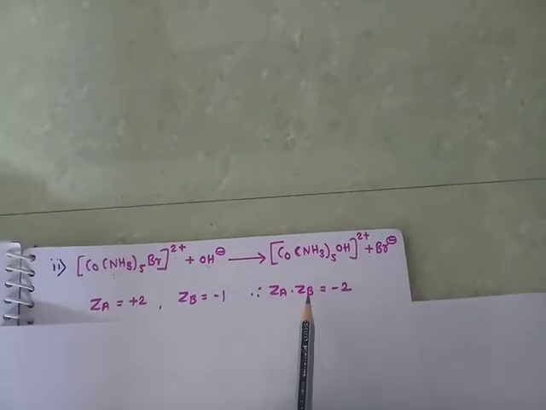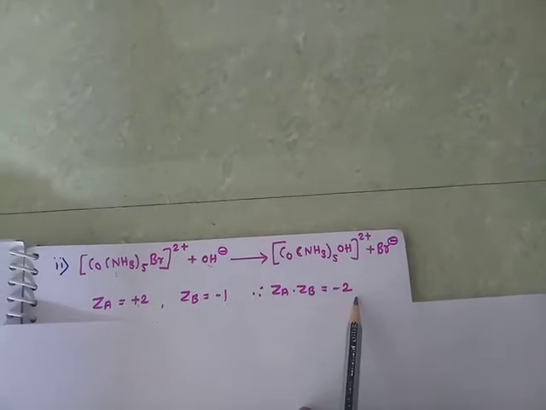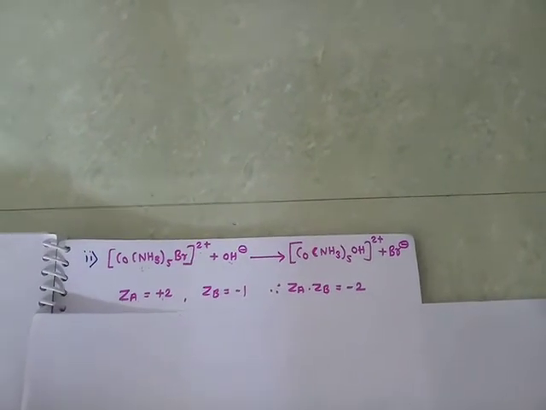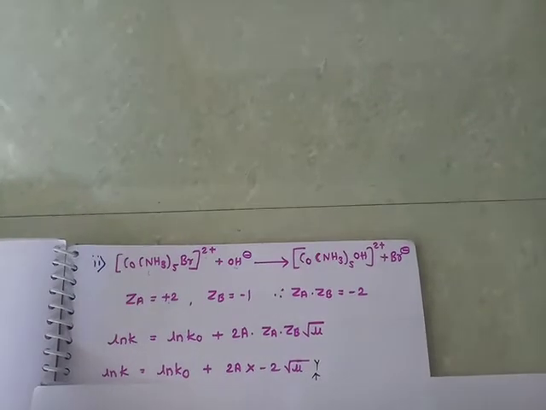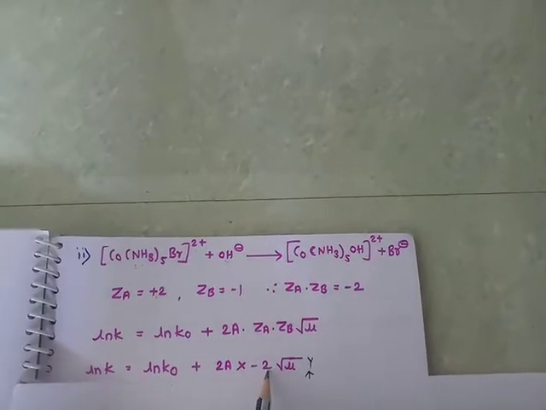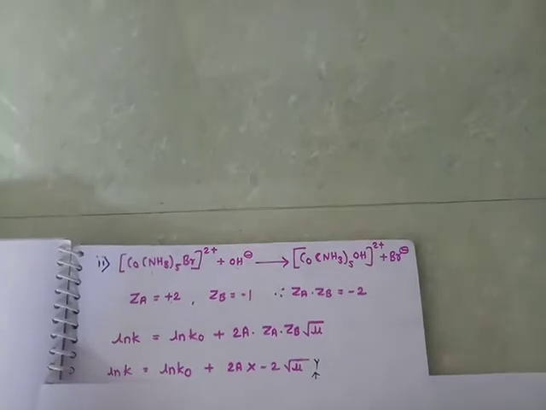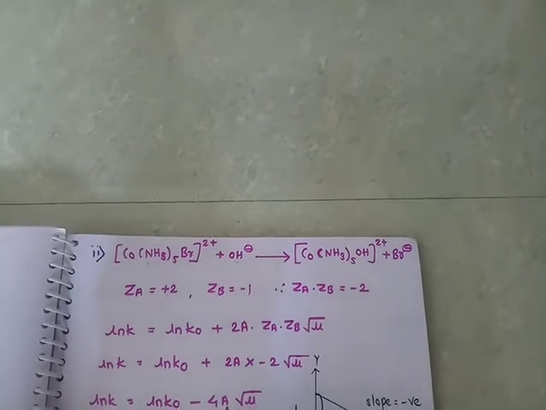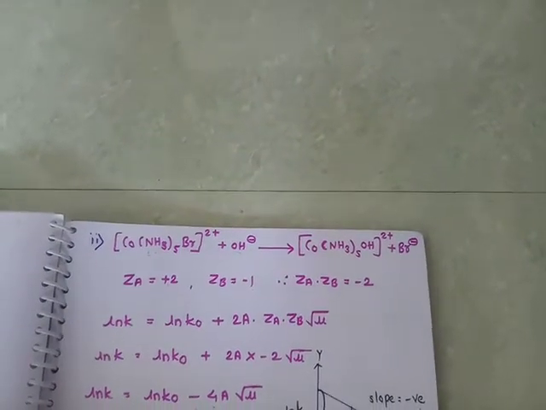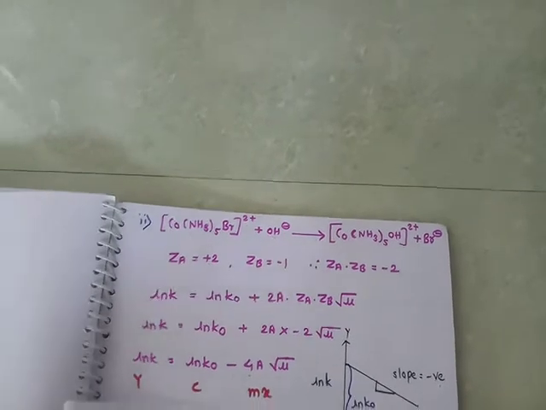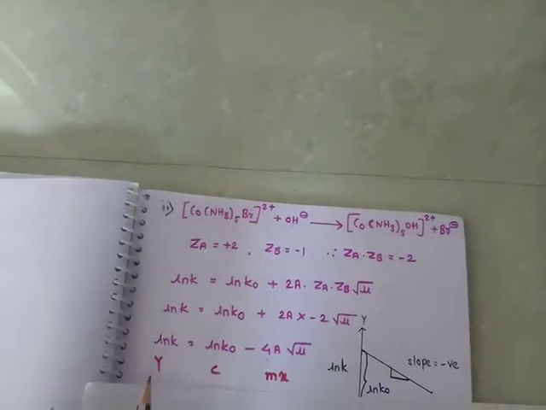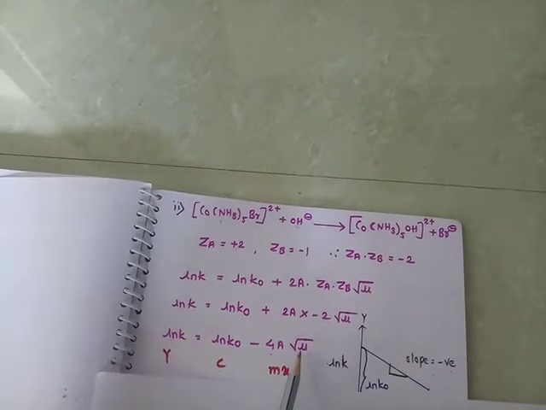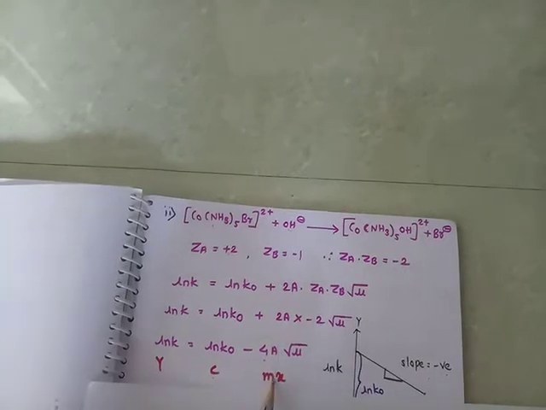So product of ZA and ZB is equal to -2. Put this value in Bronsted-Jerome equation, we get this. 2a into -2 is equal to -4a. This equation follows the equation of the straight line, that is y is equal to mx plus c. If we plot graph log k versus ionic strength, we get a straight line having slope -4a.